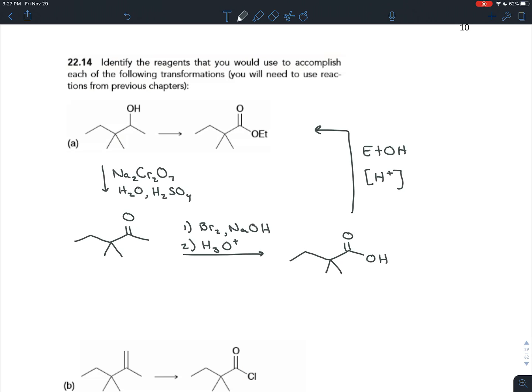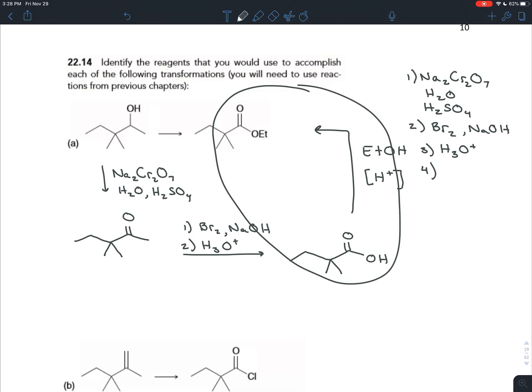So for this first one, a good recipe would be first sodium dichromate in water and sulfuric acid, followed by the haloform reaction, so Br2 and sodium hydroxide, and then hydronium, and lastly, Fischer esterification, so nucleophilic acyl substitution with an alcohol and the carboxylic acid, so that gives you the ester.